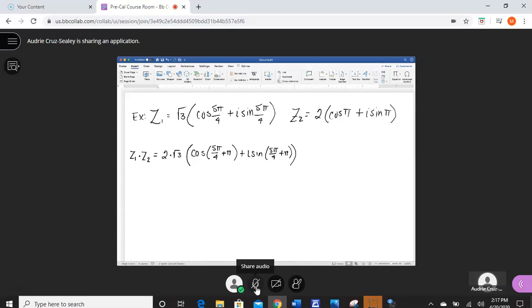All I'm doing is multiplying the R values and then adding the angles together.